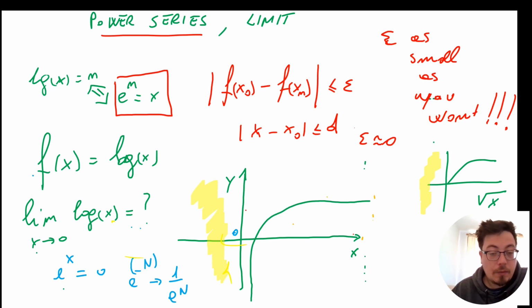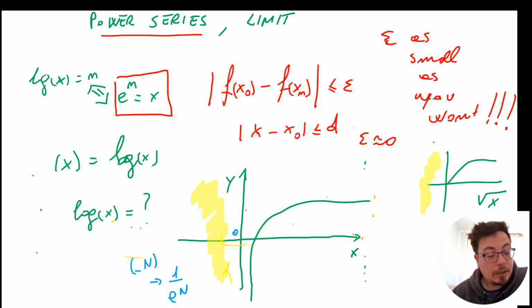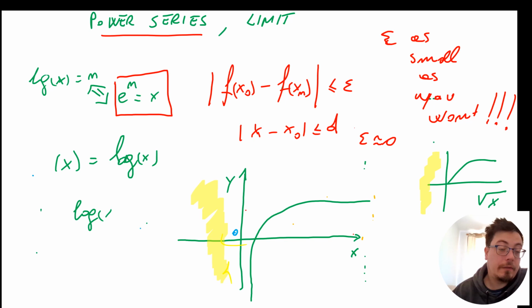This is a way to say that there is nothing you can do to overcome the zero. And it's a way to say that for this limit, there is no epsilon that can let you approximate the logarithm of x around zero well enough, because it diverges.